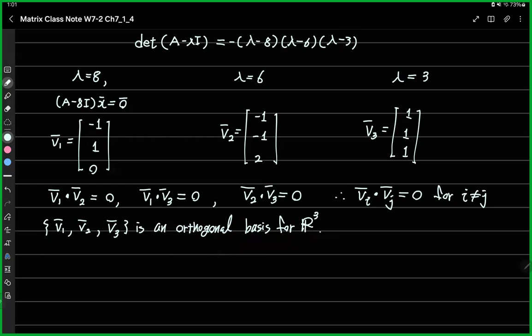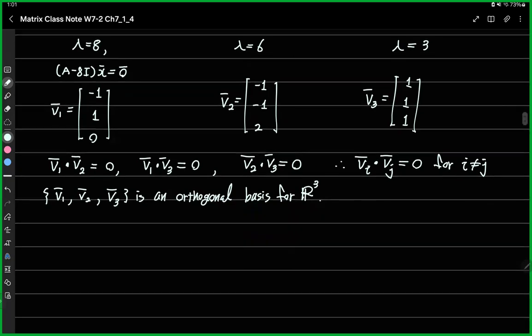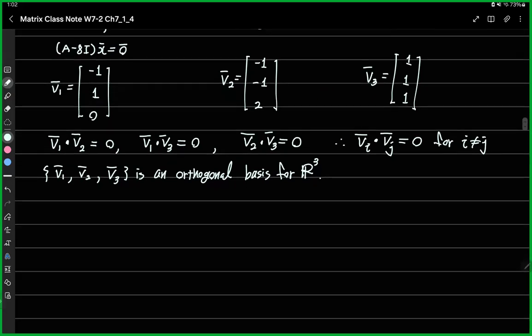All right, let's rescale V1, V2, V3 so that they are orthonormal. I'm going to find the norm of each vector and divide by its norm to make them orthonormal.